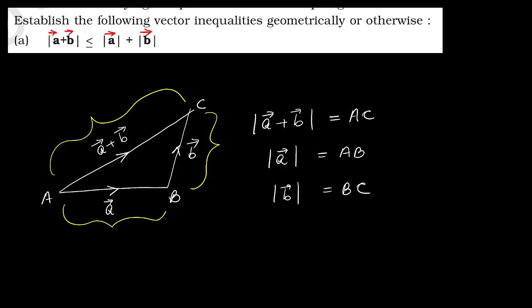In the lower classes, I don't know whether you studied or not, there is a property of a triangle which says that in a triangle any side will be less than or equal to the sum of the other two sides. Sum of the two sides will be larger than the third side.